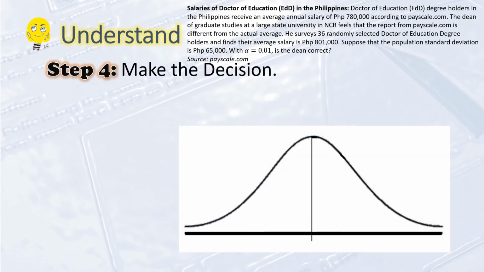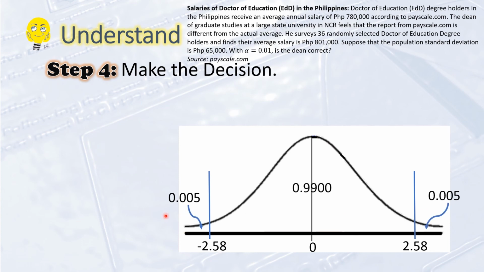In making the decision, based on step number 2, we have our critical values as negative 2.58 and positive 2.58. Hence, the two critical regions will be to the left and to the right of the mean, with area equal to 0.01 divided by 2, and each has 0.005 as the area. In between the critical values for z, the area is 0.9900.